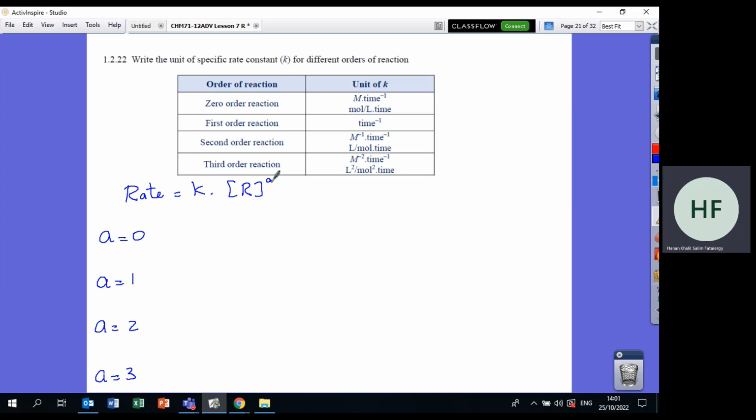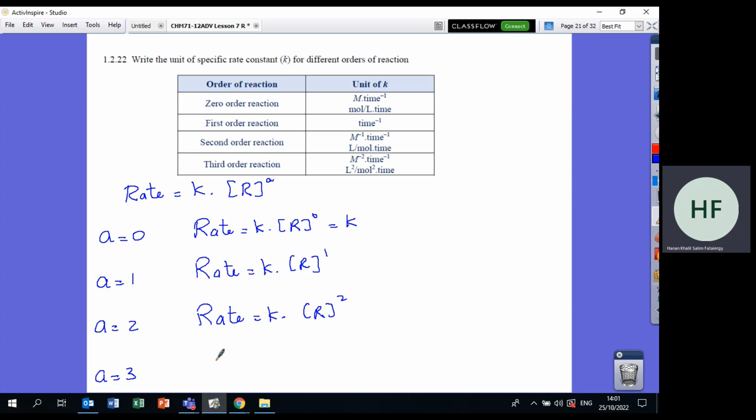Now, I want you to put instead of A, 0 in this rule. So what does it become? Rate equal K times R power 0. Anything power 0 is 1, so rate equal K. Then rate is equal to K times reactant power 1. Then rate is equal to K times reactant power 2. Then rate is equal to K times reactant power 3.